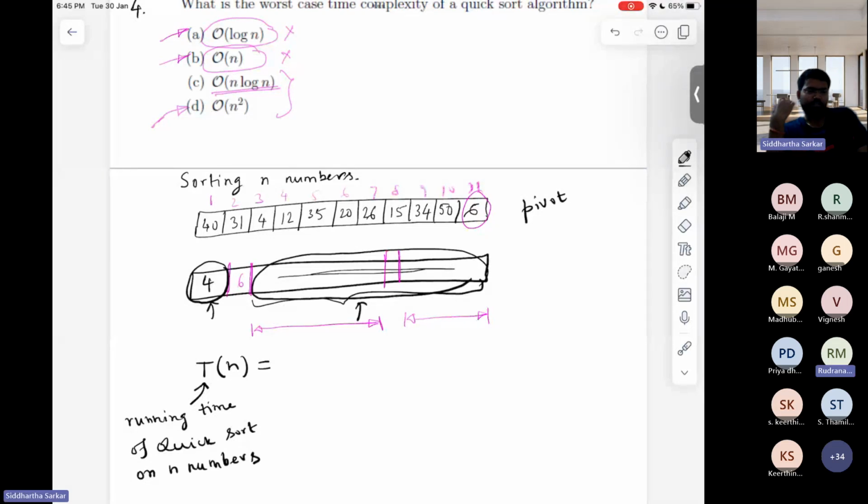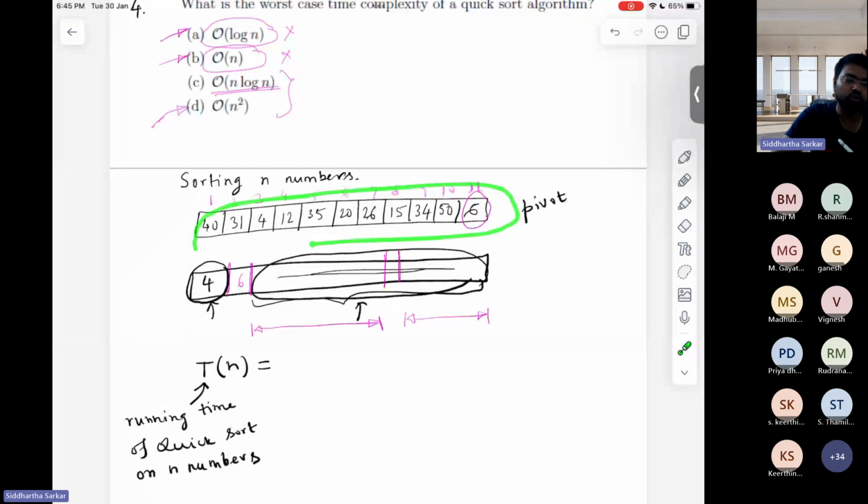Then what this pivoting is doing is dividing this array, or rather this problem of size n, into two parts. So one part, let us say, has size k, then the other part would have size n minus k. And then it is again applying the same algorithm on these two parts. So what can happen in the worst case?